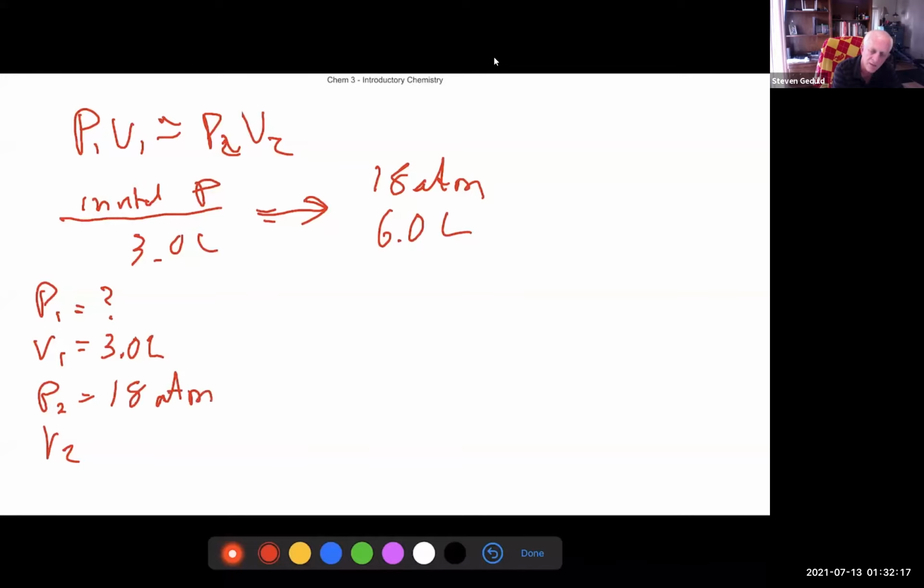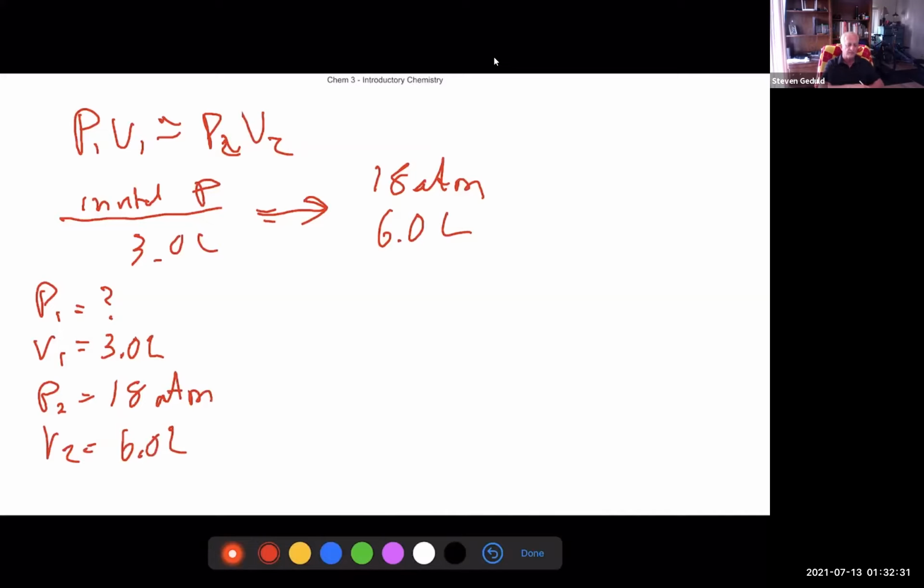Pressures are in atmospheres. The volume is in liters, milliliters, whatever volume you want to measure it in, square inches. And volume 2 is 6 liters. So now you get all good. This is how you do all the gas problems to make it easy. On the side, write down all your variables.